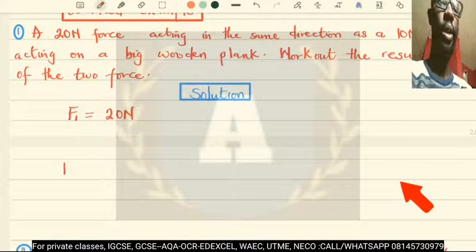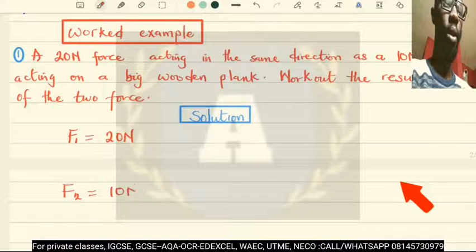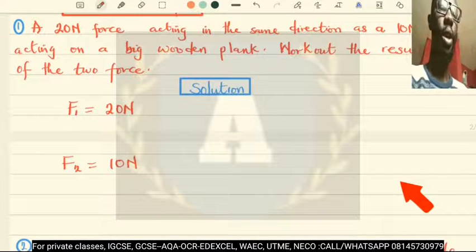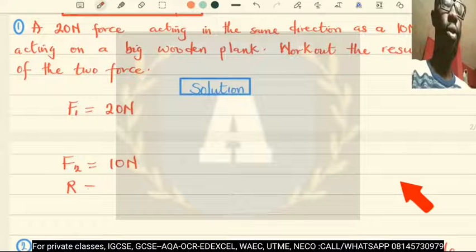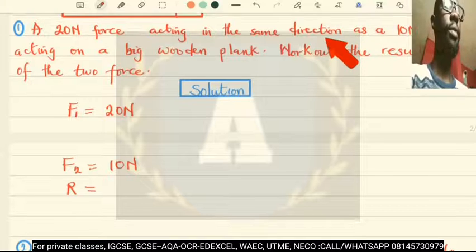The second force is 10 Newton. Both are acting on a big plank. We are asked to work out the resultant, and they act in the same direction as stated by the question.